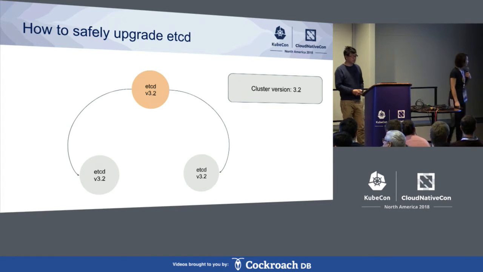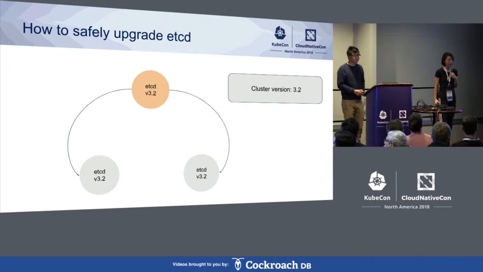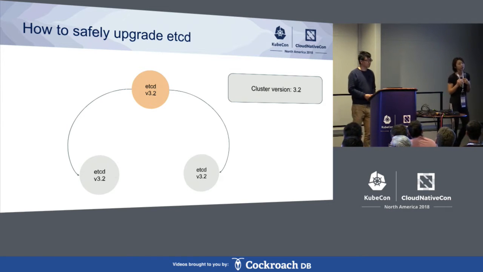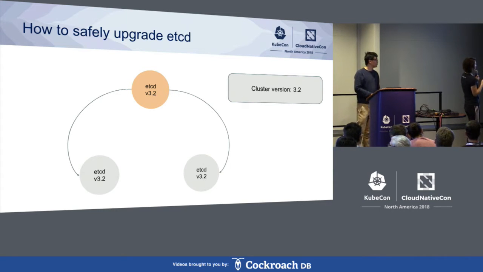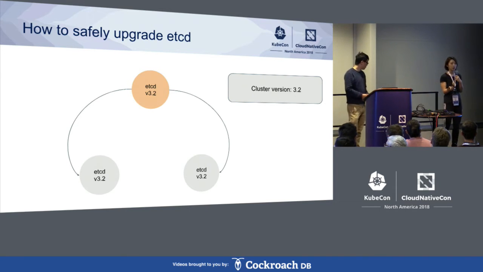All right, now let's take an example. If you have a cluster of 3 members, each member has its own member version, and then the entire cluster has a cluster version. The cluster version is decided by the lowest member version. In this case, we start with the cluster version of 3.2.